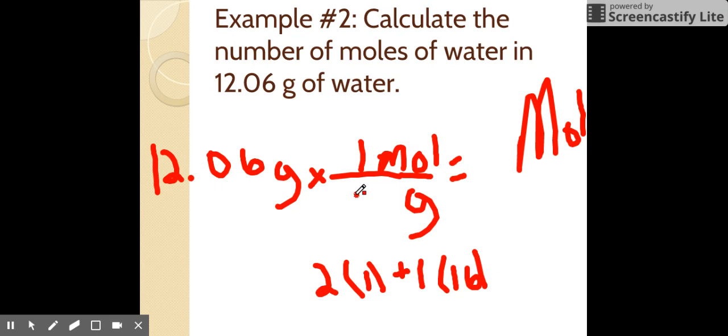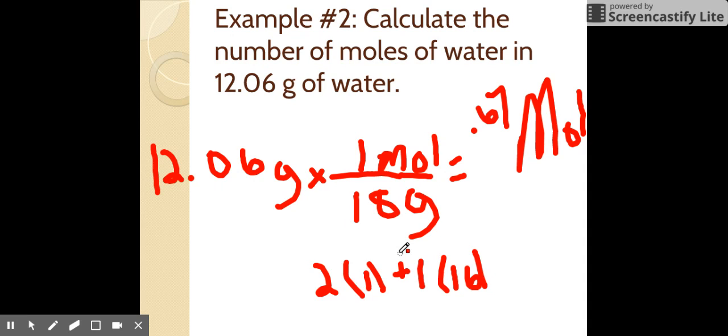So I have 18 grams of water in 1 mole. So when I do 12 times 1 divided by 18, I end up with 0.67 moles of water.